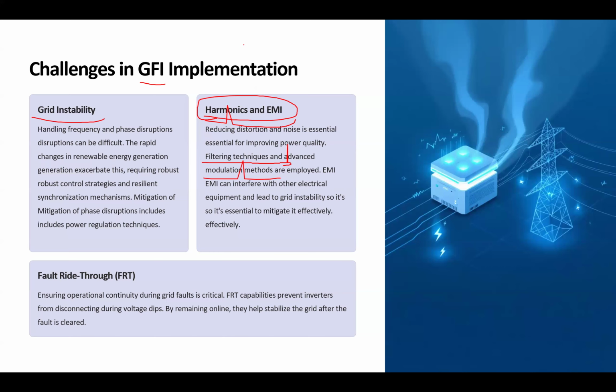Okay, let's go into that. So far, we talked about the synchronization and the challenges that grid following would face in the grid integration, okay?